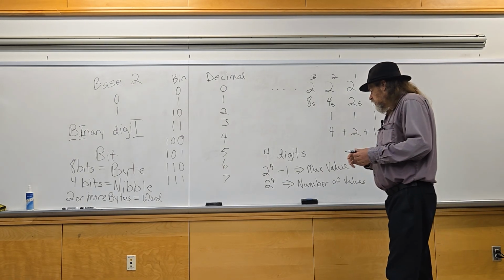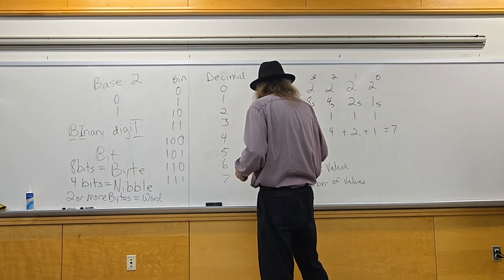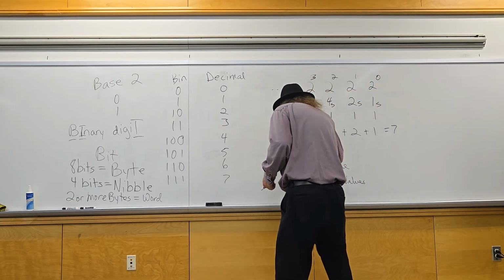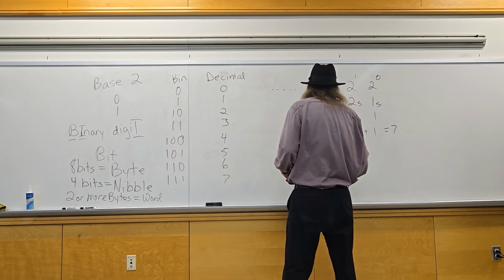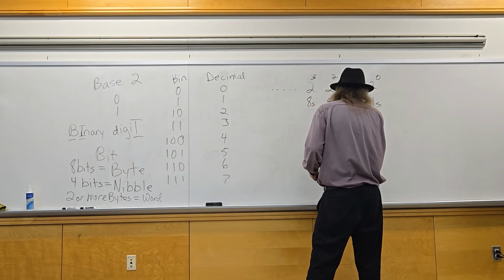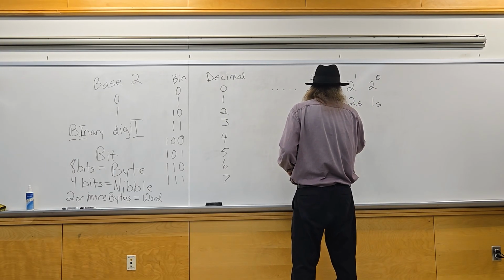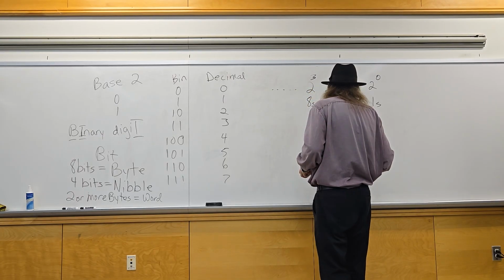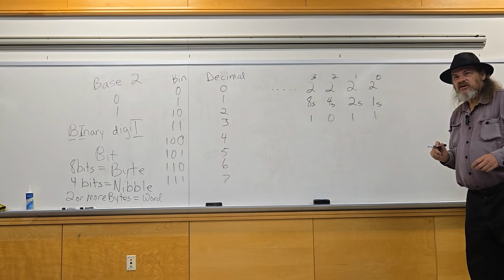Okay. So we'll go with another example. Let's say 1, 0, 1, 1. What would that be in decimal?